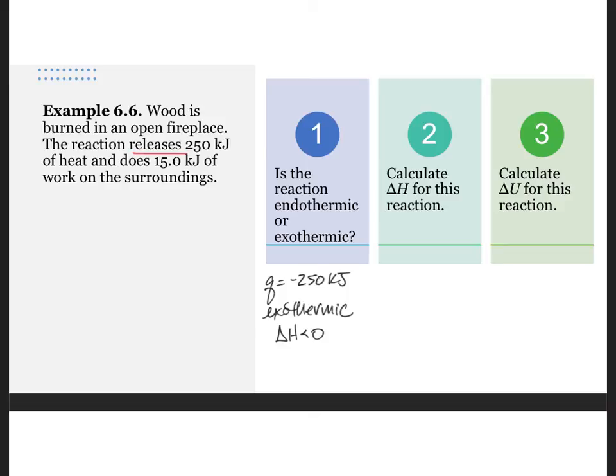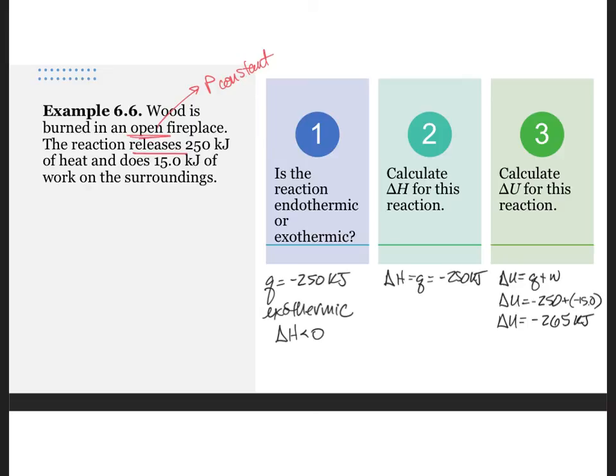Since this is an open system, the pressure is constant, and we can use delta H equals Q equals negative 250 kilojoules. Calculate delta U for this reaction. Use delta U equals Q plus W equals negative 250 kilojoules plus negative 15 kilojoules equals negative 265 kilojoules.